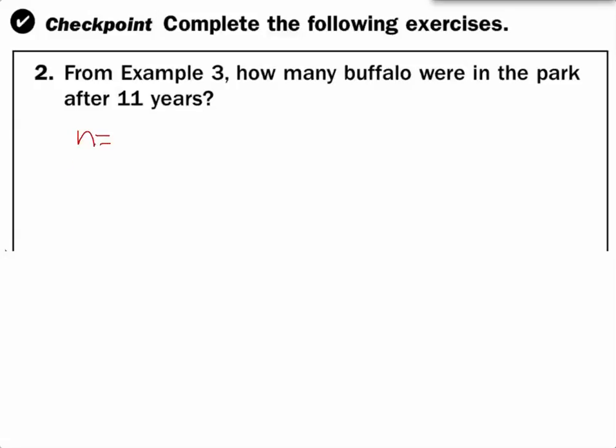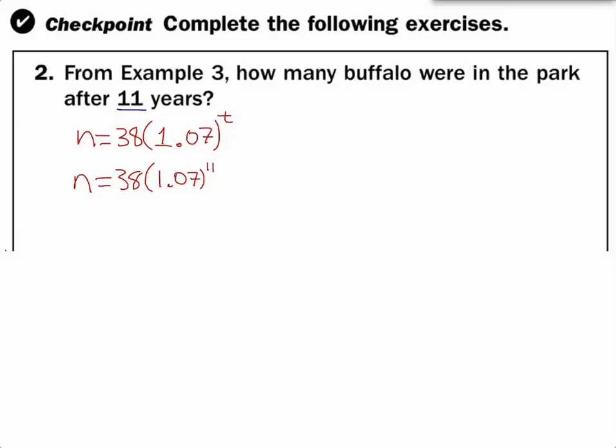N equals 38 because the park began with 38 buffalo, and then 1.07 to the T. However, because it's 11 years, we say N equals 38 times 1.07 to the 11.